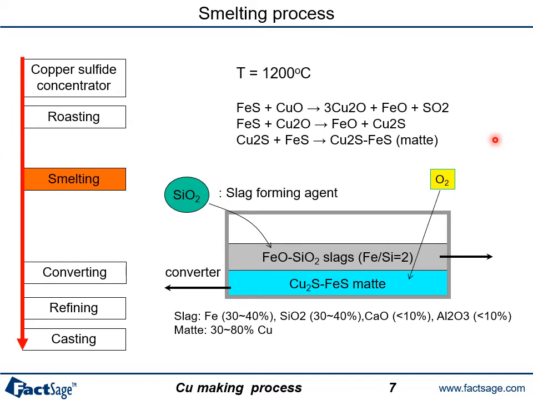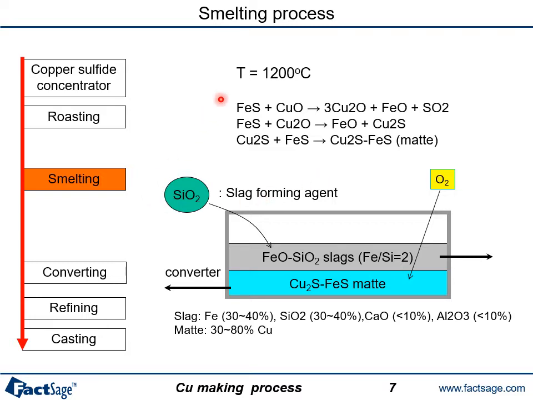Now, the next step is the smelting process. As I mentioned before, the smelting process is designed to remove a certain amount of the iron from the concentrate and produce the liquid matte for the converting process.